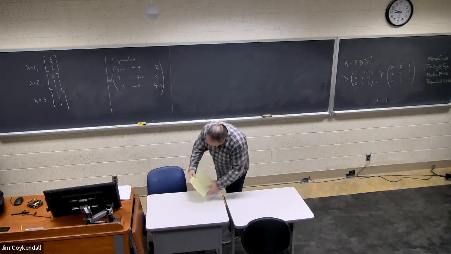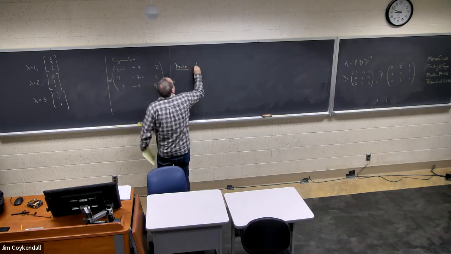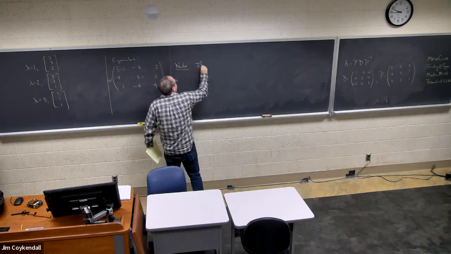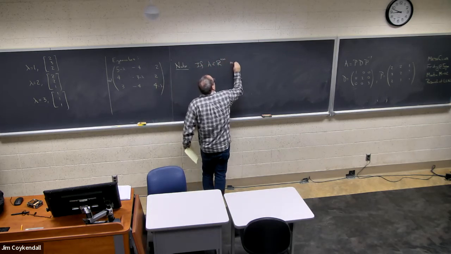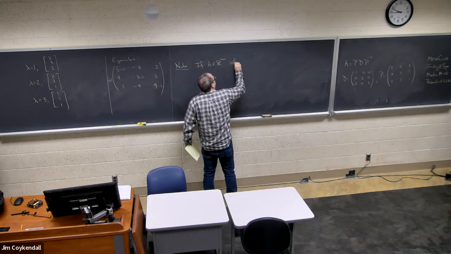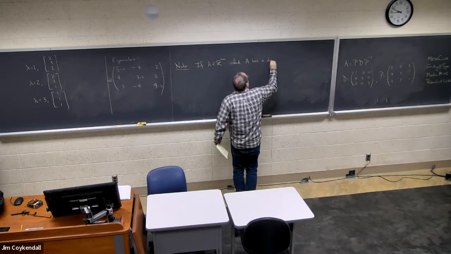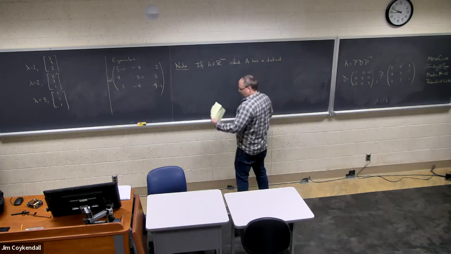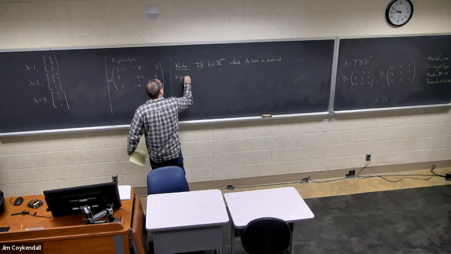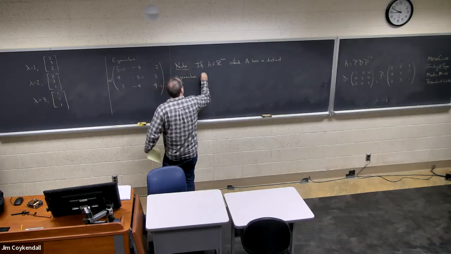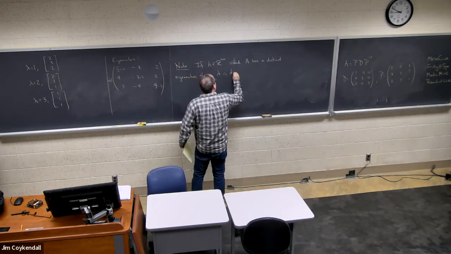So let me put the following note. If A is an n-by-n matrix and A has n distinct eigenvalues, then A is diagonalizable.